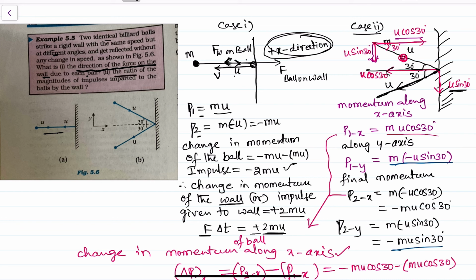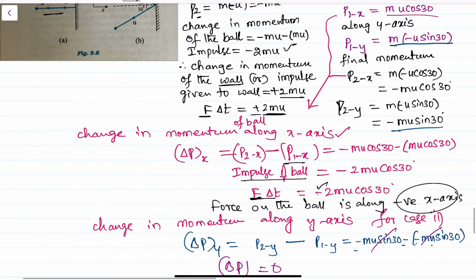The second part asks about the ratio of the magnitudes of impulse imparted to the balls by the wall. In the first case, the impulse is 2 mu. In the second case, the impulse is 2 mu cos theta.